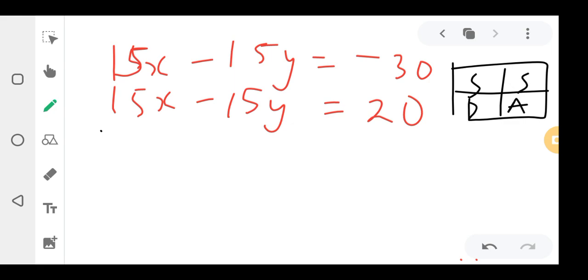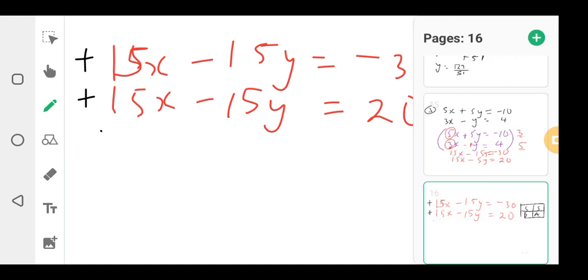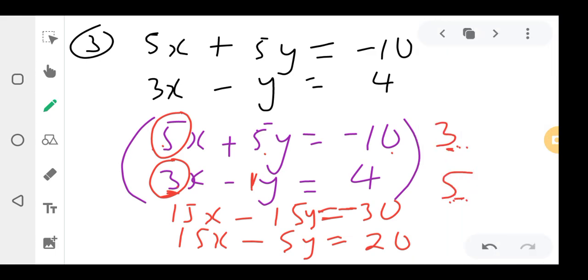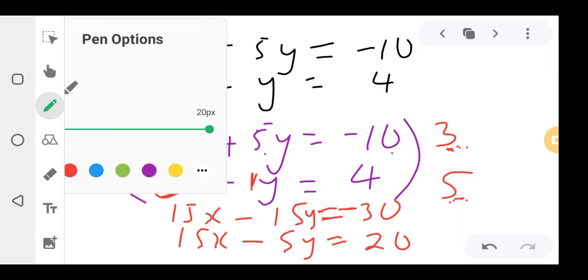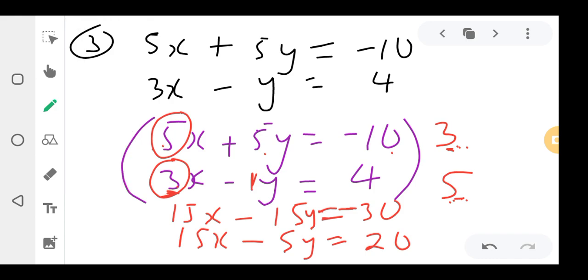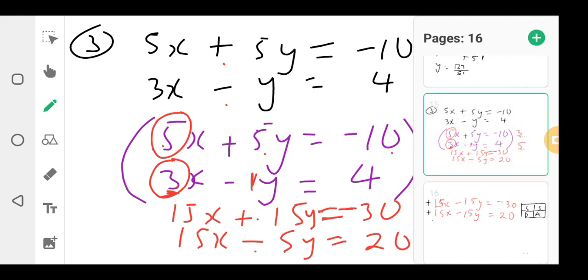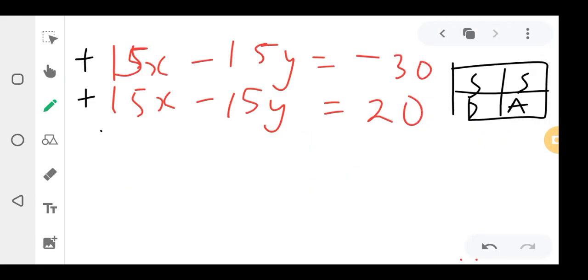So you look at those same numbers, what kind of signs do they have? Let's not get confused.